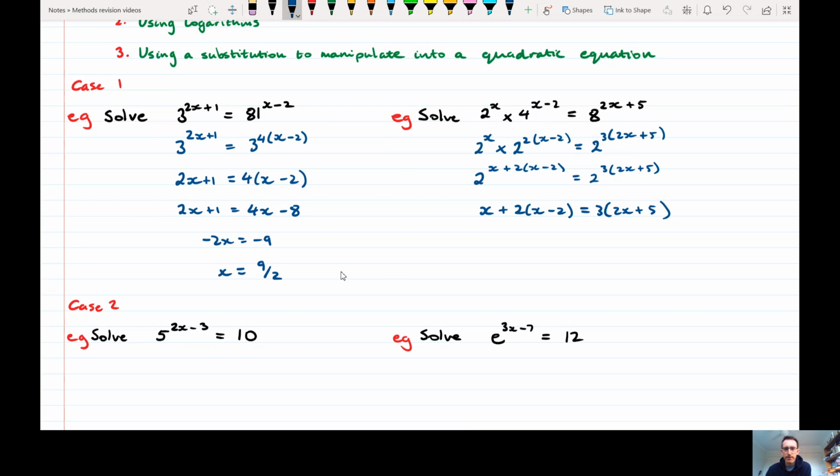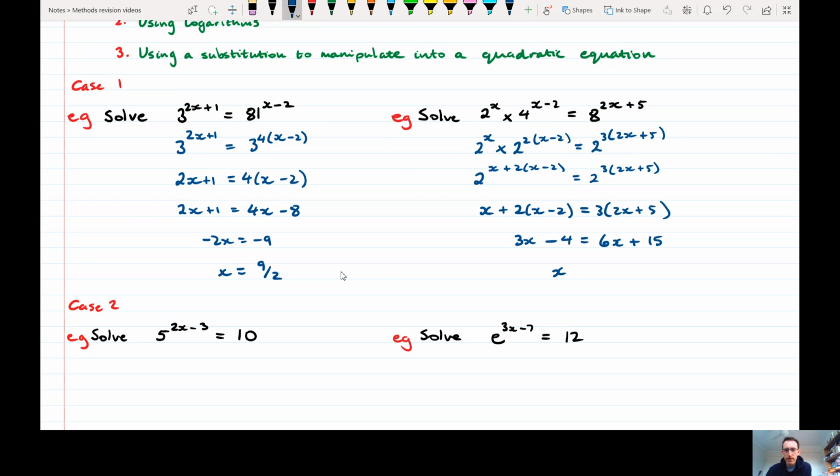Like that. On the left-hand side, if I expand and collect our like terms, you get 2x plus 1x gives you 3x. And 2 times -2 is -4. On the right-hand side, we have 3 times 2x, which is going to be 6x, plus 3 times 5, which is going to give you 15.